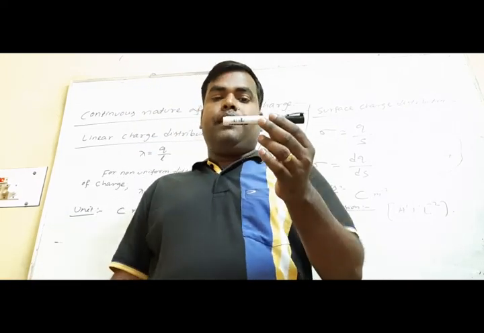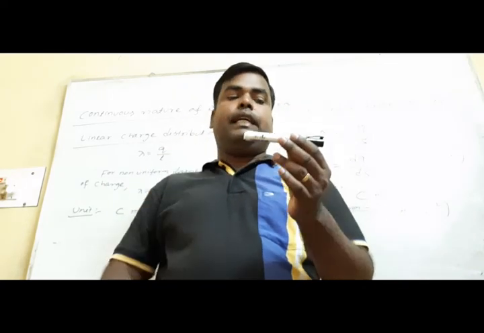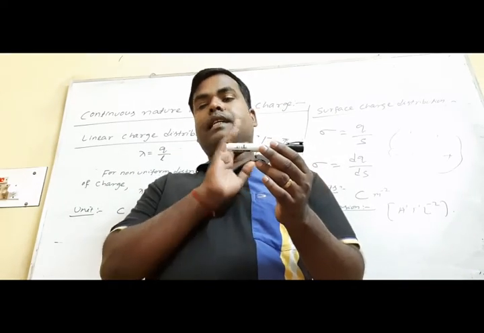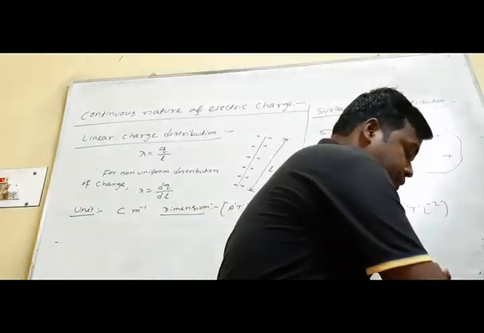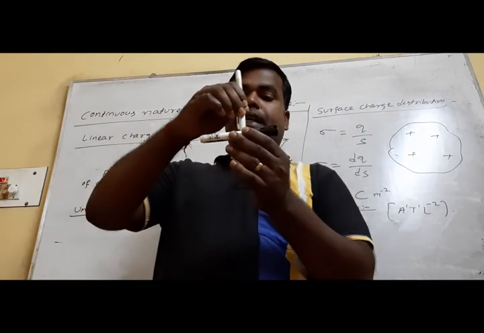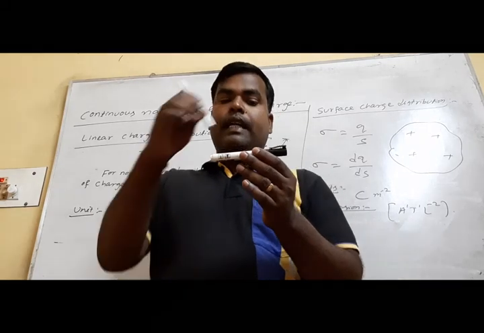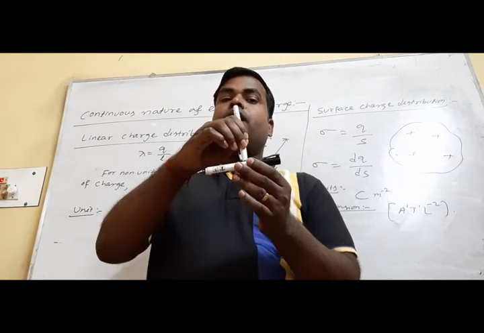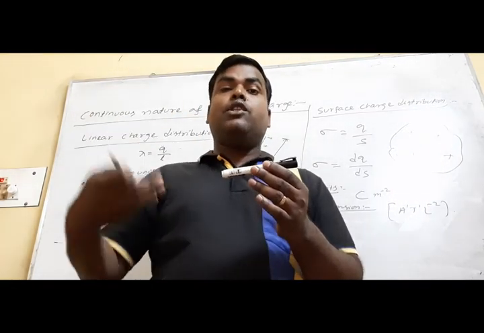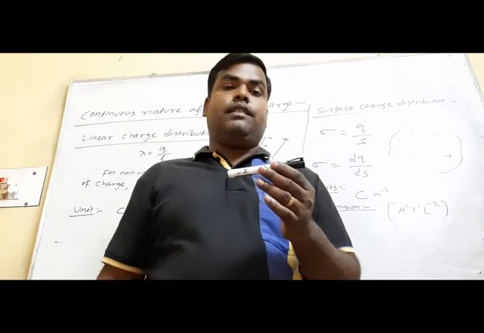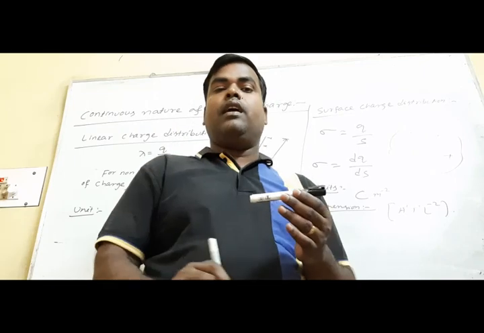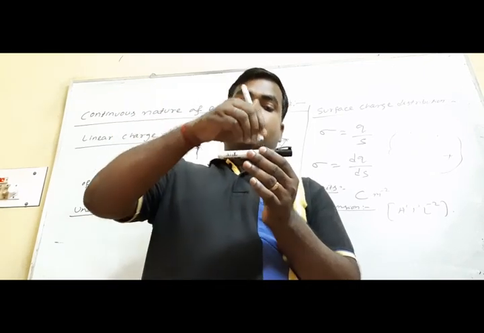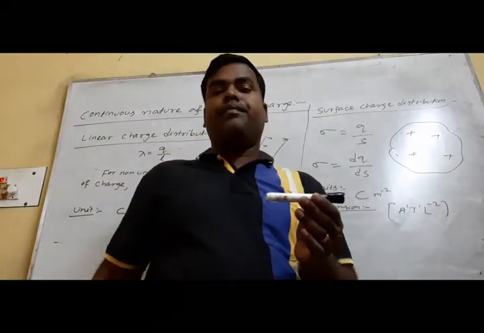Suppose it is a body, it consists of negative charge. Negative charge means it is excess of electrons. If you put a point here, at that point you have a large number of electrons, because the electron size is very small as compared to the size of this point.